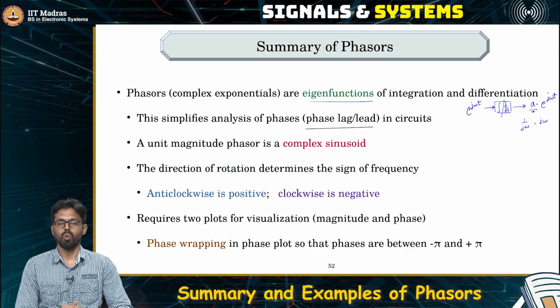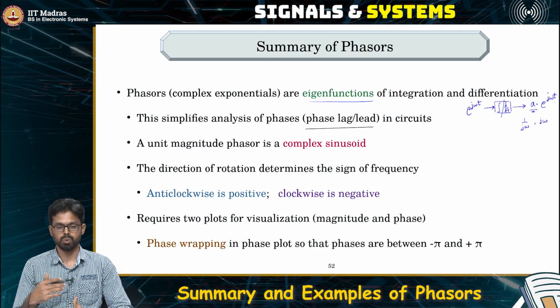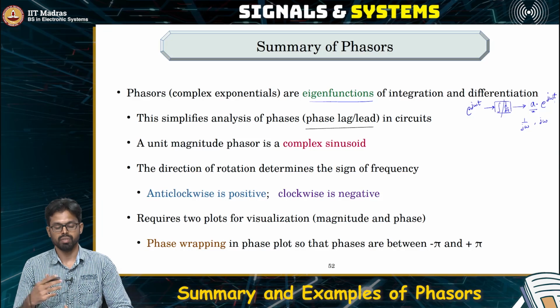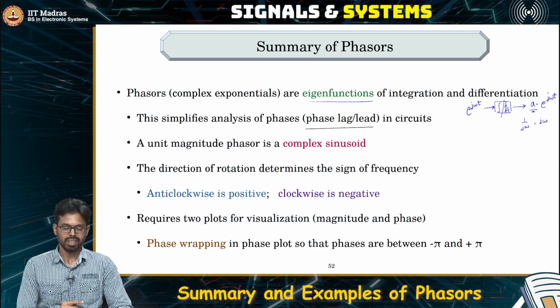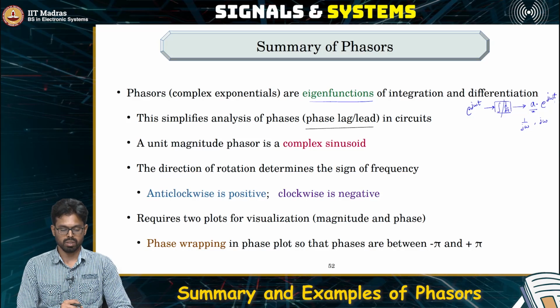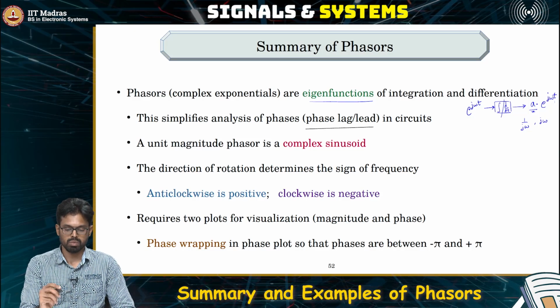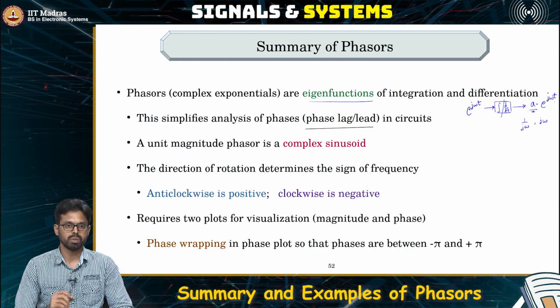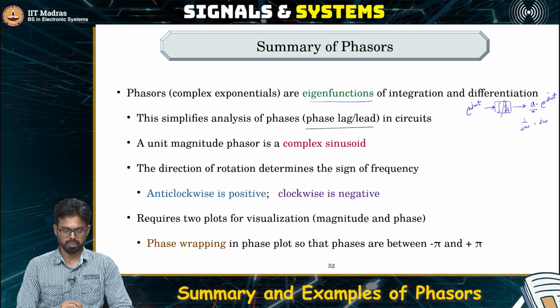And it tells us what happens to the phase, what happens to the lag or lead that is present, and what is the phase shift. And this helps simplify our complete analysis of the circuit. So that's the importance of phasors, and that's the need for using complex valued signals in systems.